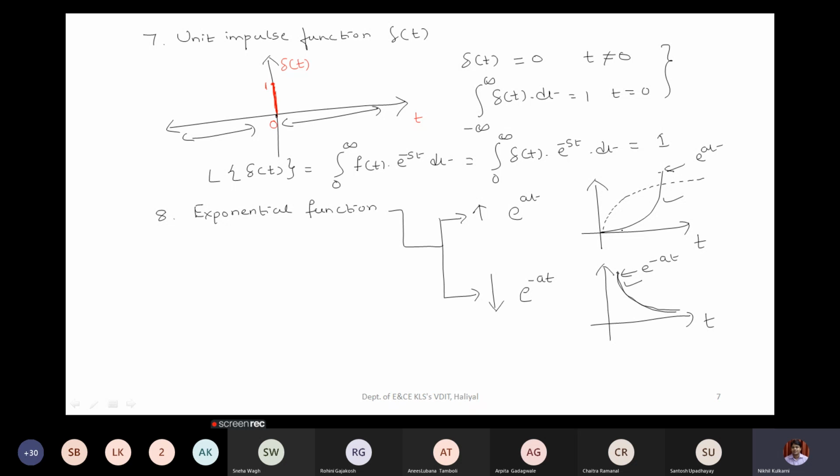It is used, for example, in capacitor charging and current through an inductor. When a capacitor is getting discharged, you can consider this as a decreasing function. So these are the notations.